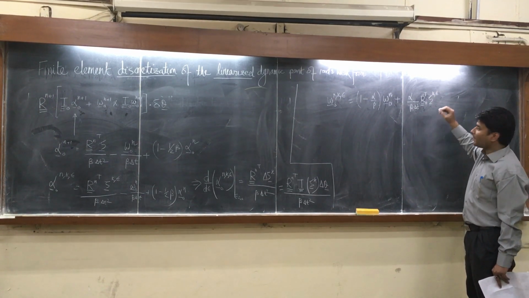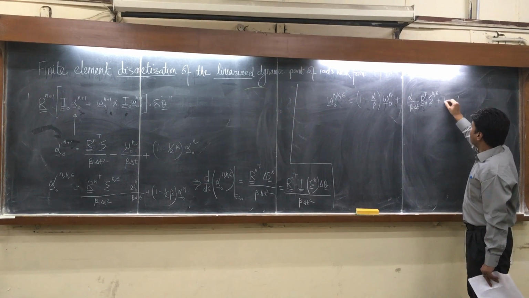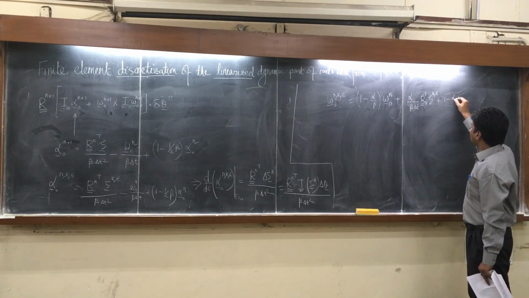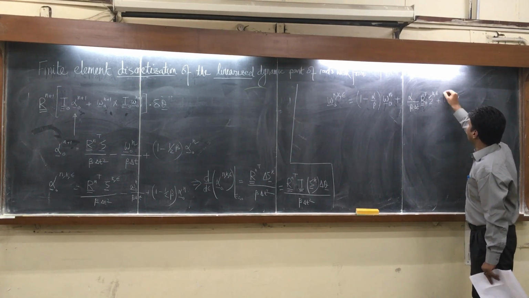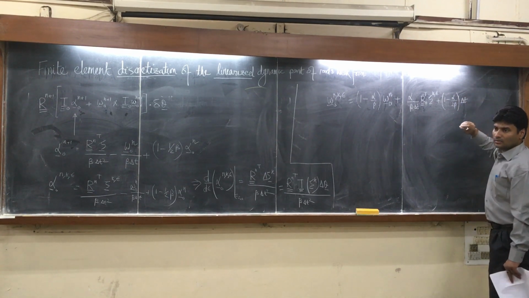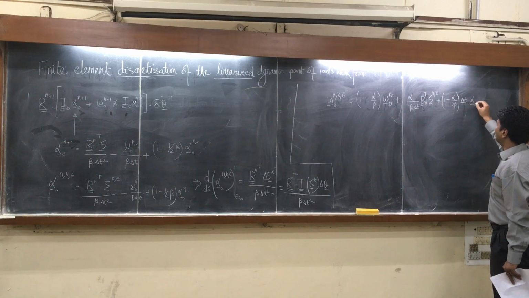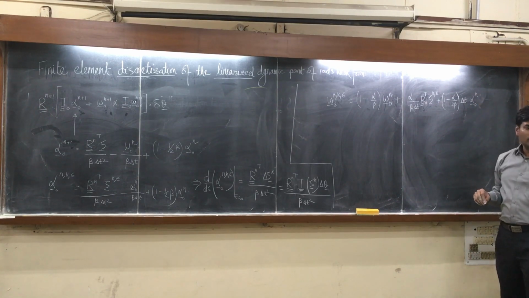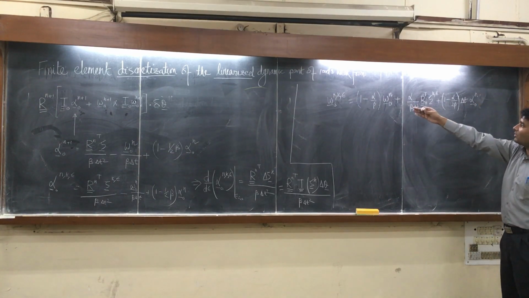Plus 1 minus alpha by 2 beta into delta t into alpha naught n. Okay. Alright, that's omega naught n comma k comma epsilon.